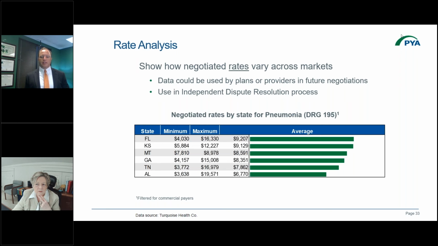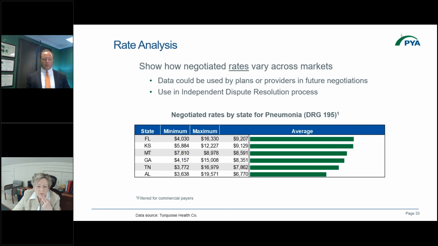On the following slides, we'll be looking at DRG 195 for pneumonia for the same states that we looked at previously. What we find here is the average of the states. It ranges from $6,700 to $9,200, the average commercial reimbursement, where the outliers have been removed overall. We also have the minimum and maximum listed as well.